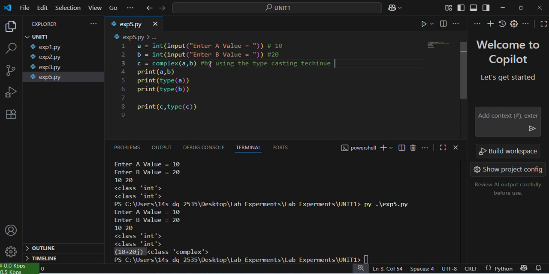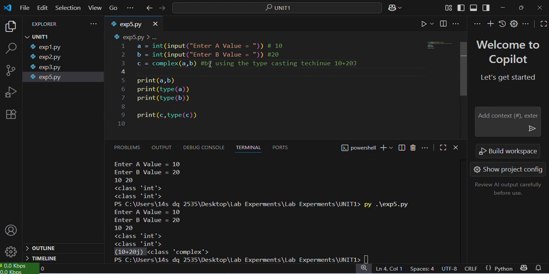Here I get the value 10 plus 20j, which is a complex number. The problem statement is addition and multiplication of two numbers, but now I have only one complex number.